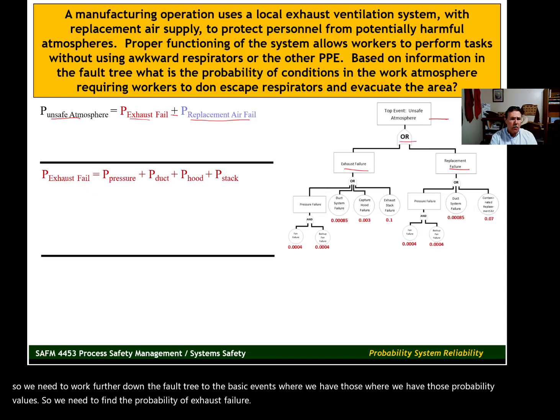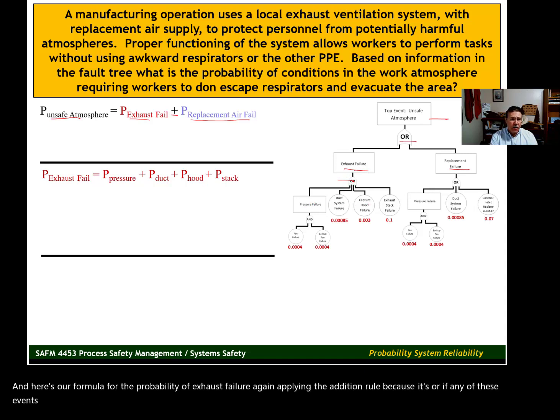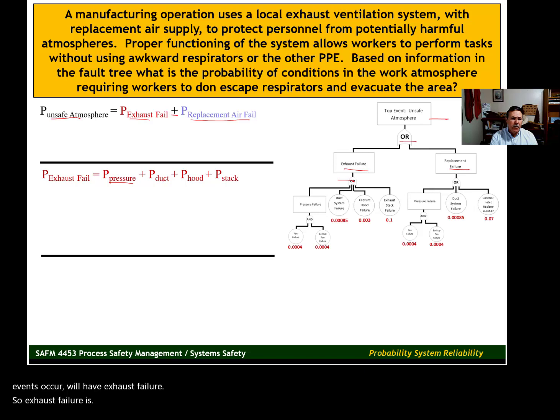And here's our formula for the probability of exhaust failure. Again, applying the addition rule because it's OR. If any of these events occur, we'll have exhaust failure. So exhaust failure is the probability of pressure failure, duct failure, hood failure, or stack failure. Any of these occur, we have exhaust failure.